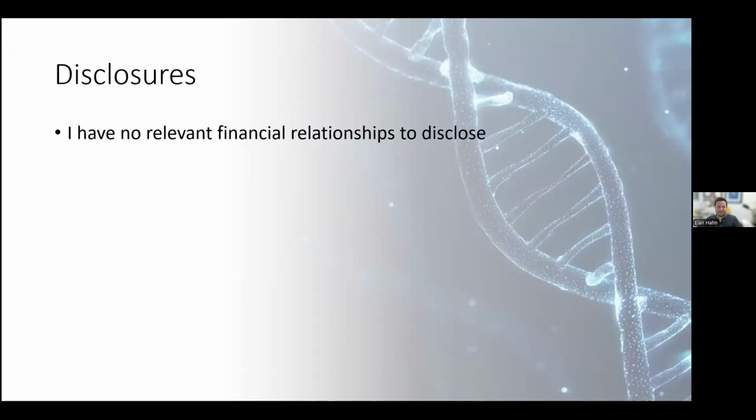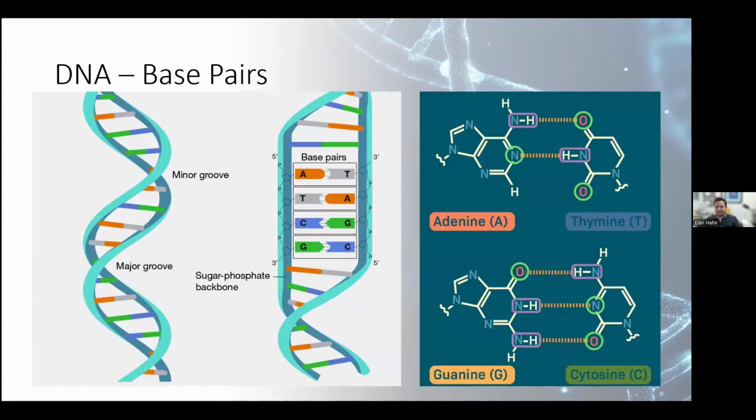I have no relevant financial relationships to disclose. We'll start with a bit of a review from what we talked about last time, and these slides are courtesy of Dr. Fisher. DNA consists of 4 bases: adenine, thymine, guanine, and cytosine.